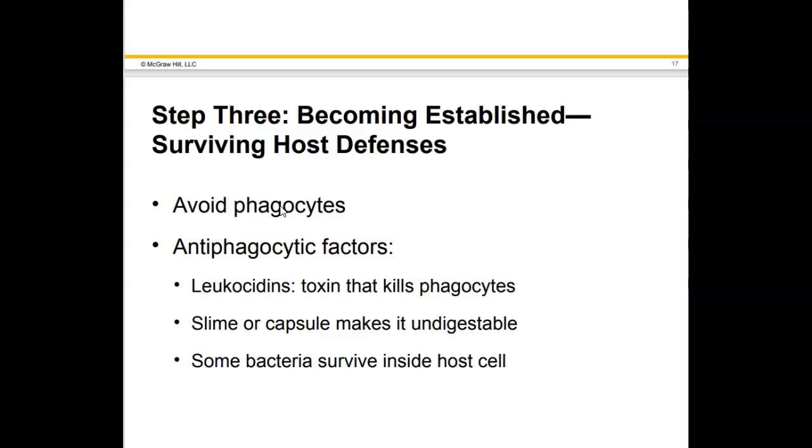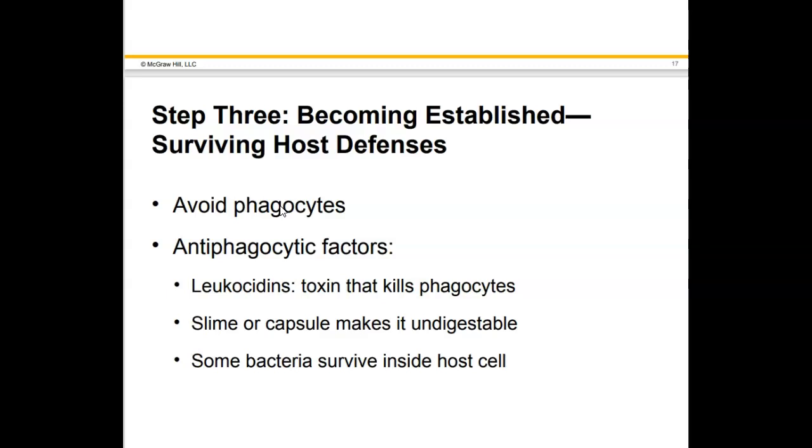A lot of times, to avoid your immune response, pathogens might hide in a biofilm. They might enter a latent, kind of dormant state.